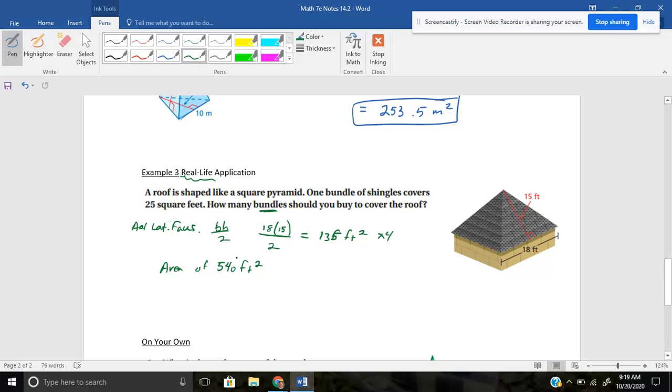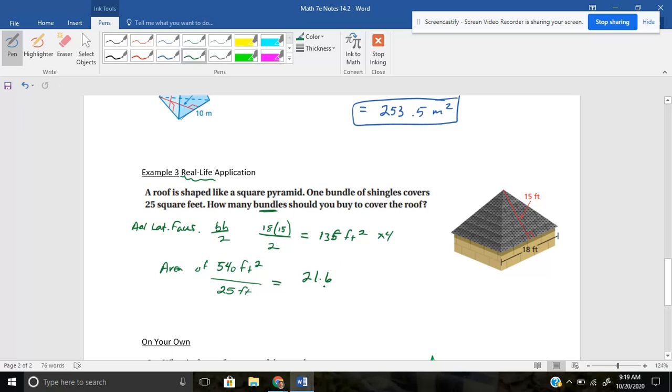Okay, so I know my total square footage. If I divide that by how many square feet one bundle of shingles covers, 25, that should tell me how many bundles I need to cover the roof. Okay, so if I do 540 divided by 25, that will give me 21.6.